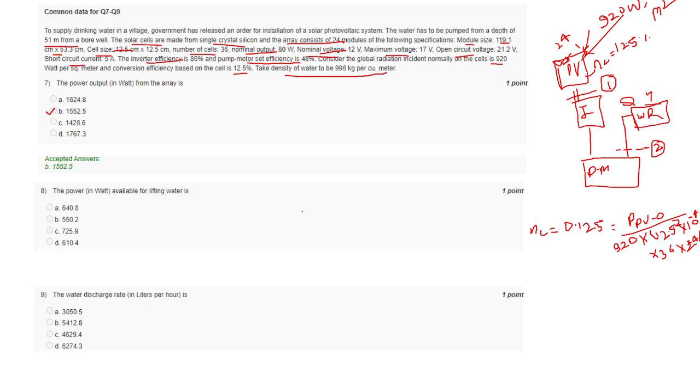Now the power available for lifting water at point 2 will be the power output from the PV array, which is 1552.5, into the efficiency of the inverter. The inverter efficiency was given as 86%, so it will be 0.86, and the efficiency of the pump motor system, which is 48%, so 0.48.